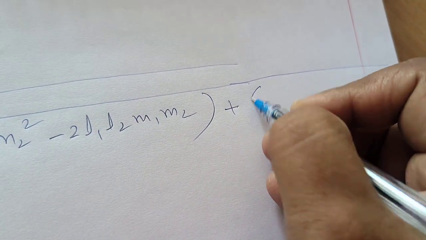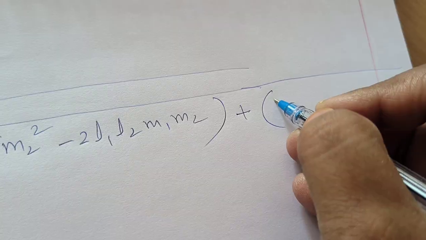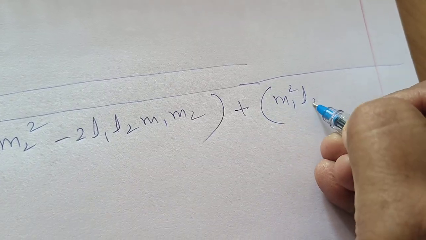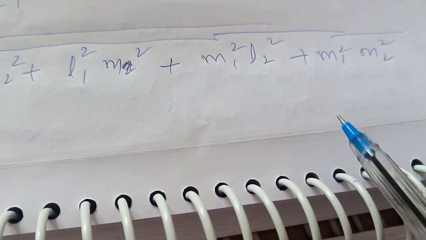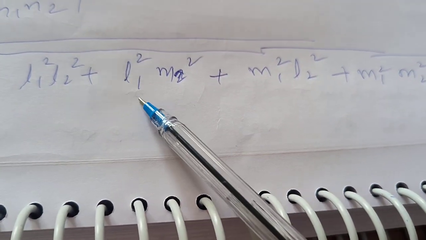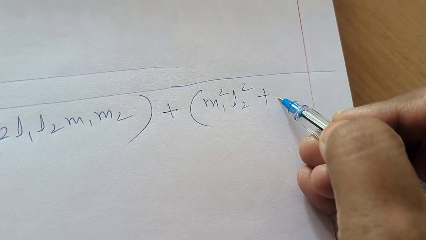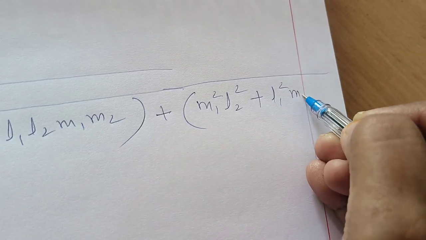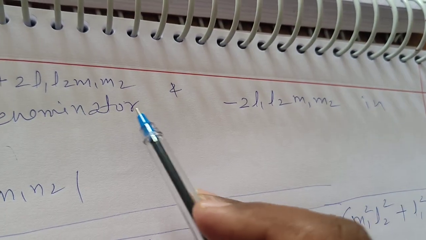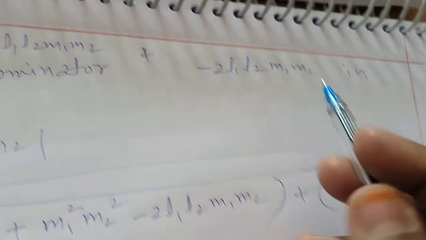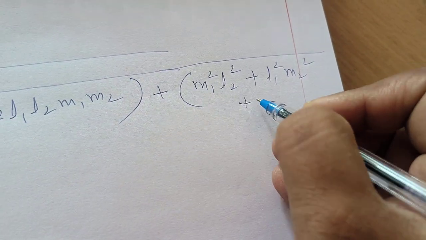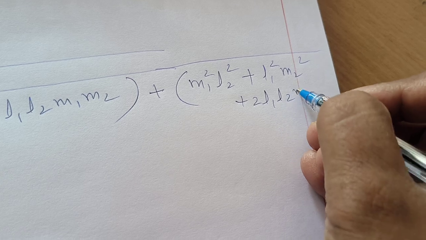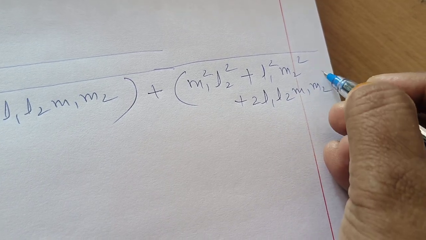Now we will open the bracket: M1 square L2 square plus L1 square M2 square plus 2 L1 L2 M1 M2.